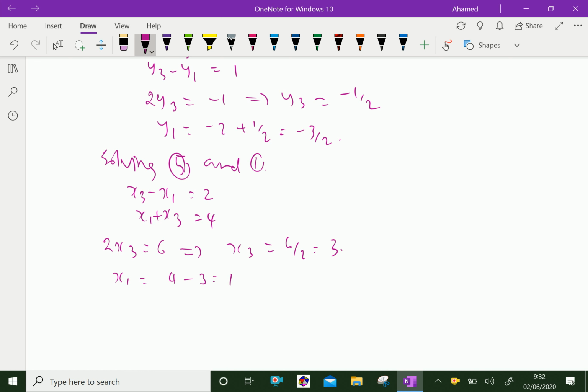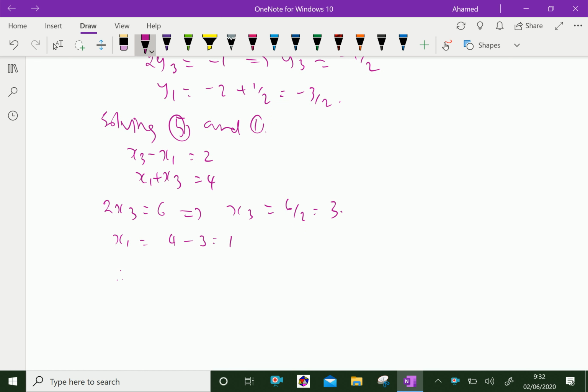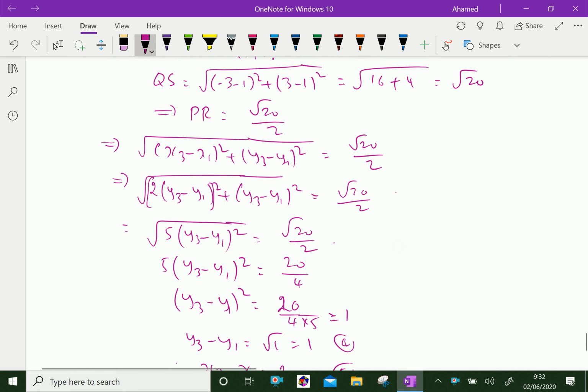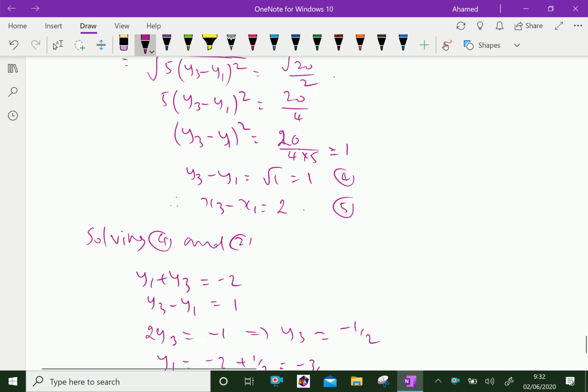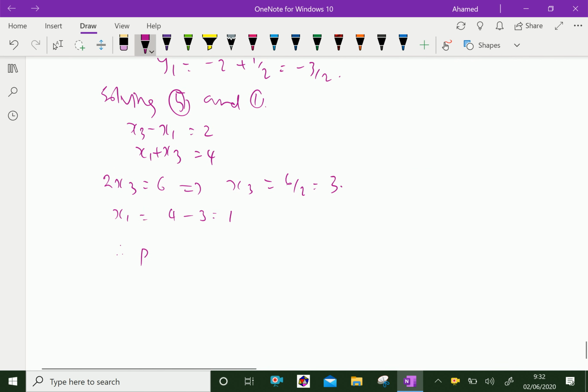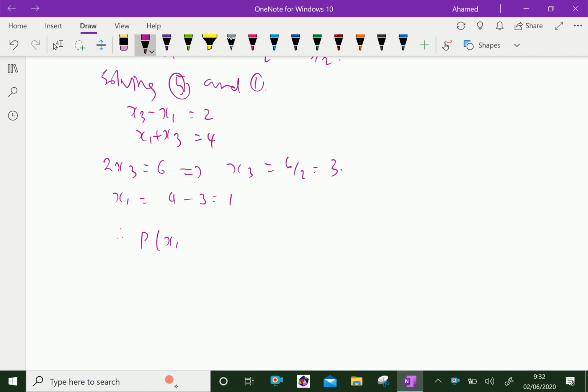Therefore we have got the point P is (x1, y1), which gives (1, -3/2).